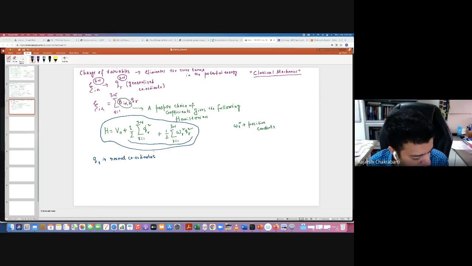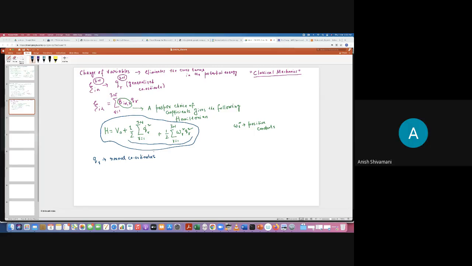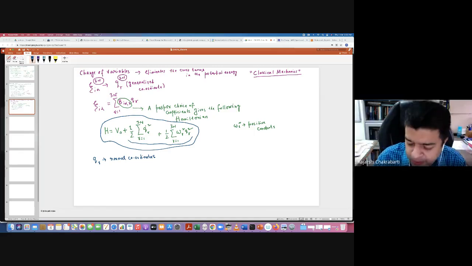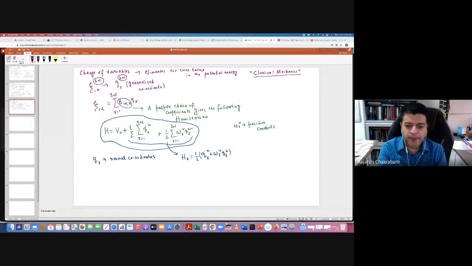Is this clear? Now basically this part is a harmonic oscillator Hamiltonian, isn't it? It's like half of the one which is inside the sum. And you know the quantum mechanics of it, isn't it?